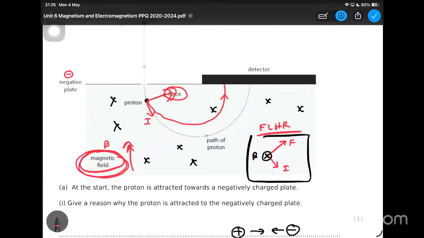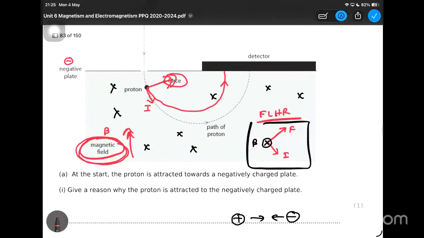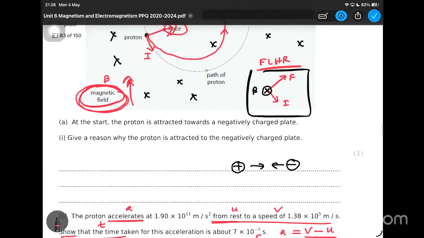So once the magnetic field value goes up, there will be a greater force, so the path will be changed like this, and you can say something like the radius of the path will be minimized. The radius of the circular path will be minimized.